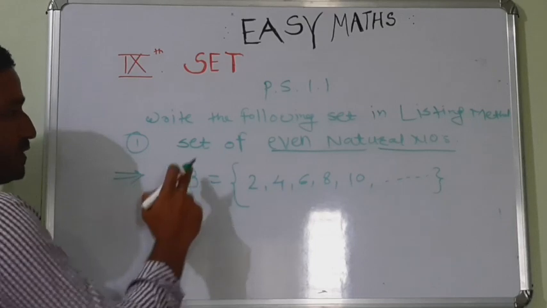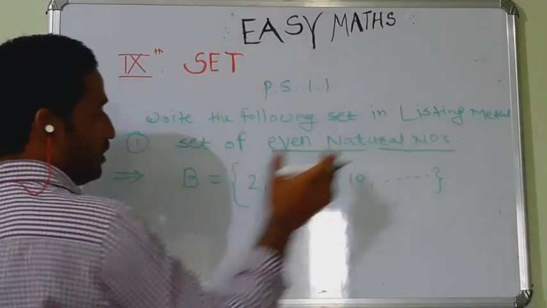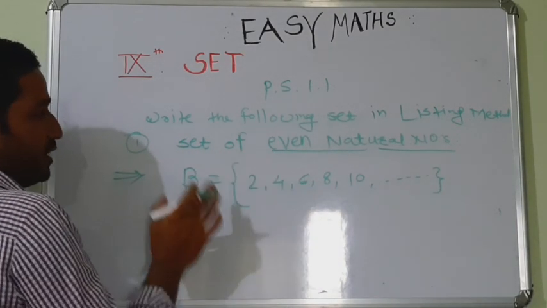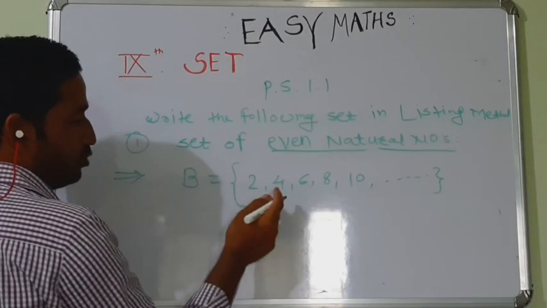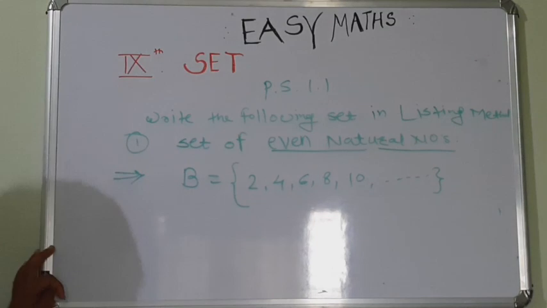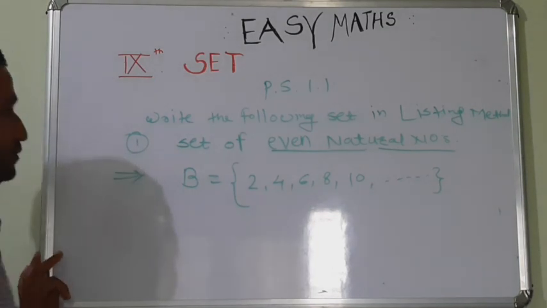Got it? This set can be written by listing method, set B equal to {2, 4, 6, 8, 10, up to infinity}.